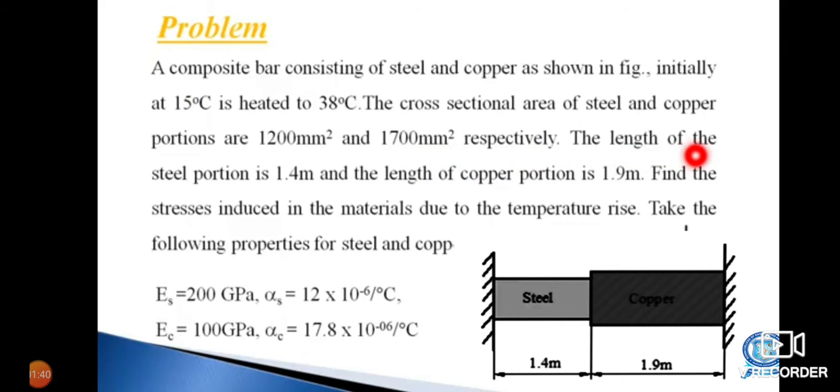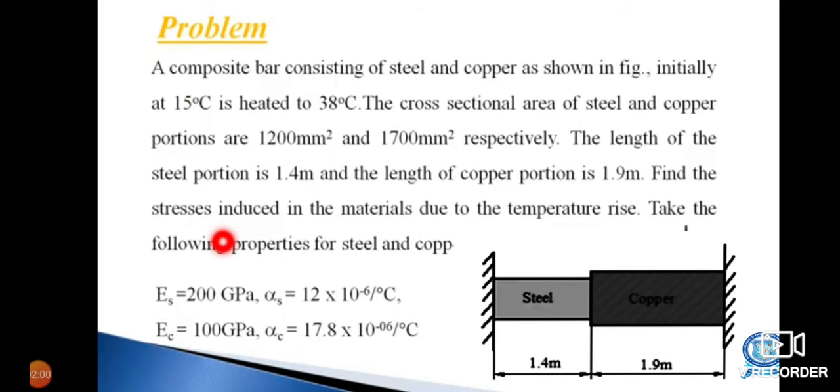The length of the steel portion is 1.4 meter and the length of the copper portion is 1.9 meter. Find the stresses introduced in the materials due to the temperature rise.